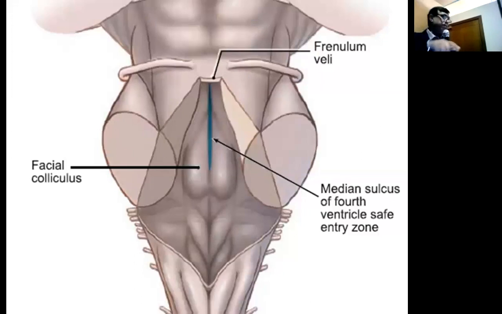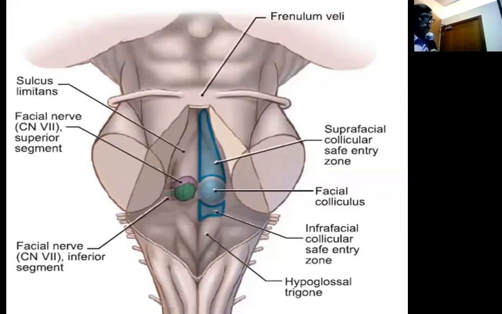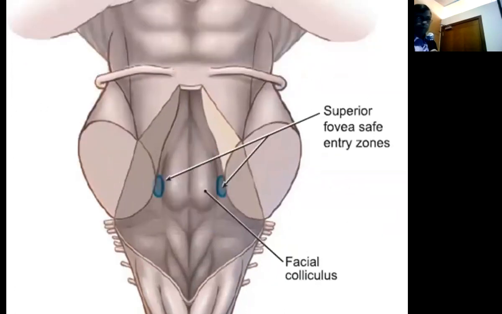These are fibers of the facial nerve coursing around the sixth nerve nucleus. You go in, you damage both nerves. So you will choose an area above it, or below it, or lateral to it. So this is the median sulcus, and this is the facial colliculus. You go above it, or below it, or you go lateral to it.